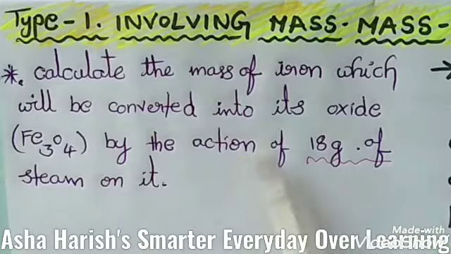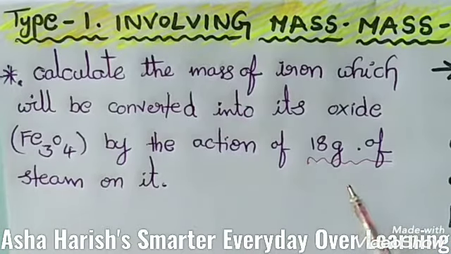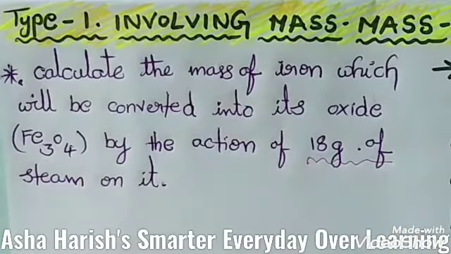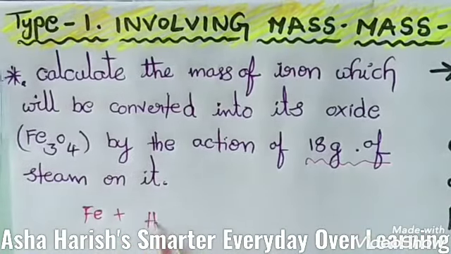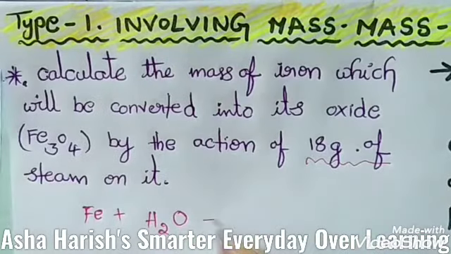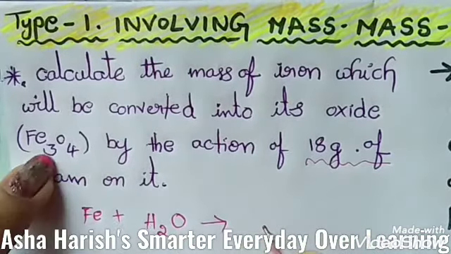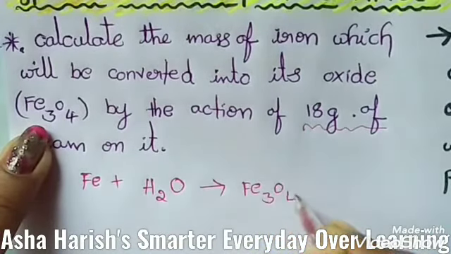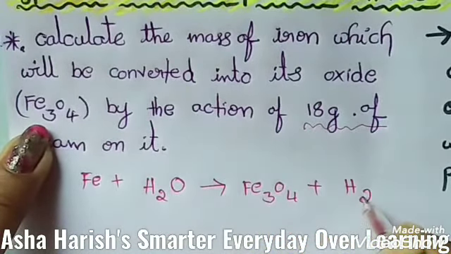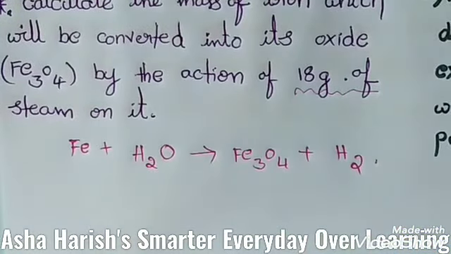This is the question, and for this, the chemical equation representing the reaction is a reaction between iron, Fe, plus steam, nothing but water, which gives rise to Fe3O4 plus H2. Let us balance this first of all.